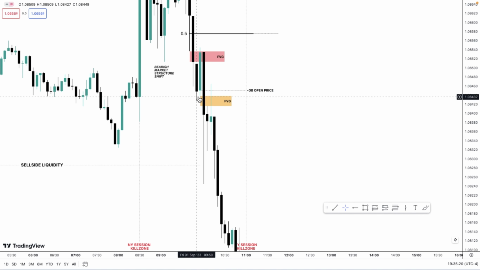We have a bearish market structure shift, meaning price is in a sell program, and then we have a green candle. Any green candle inside a sell program is an order block.